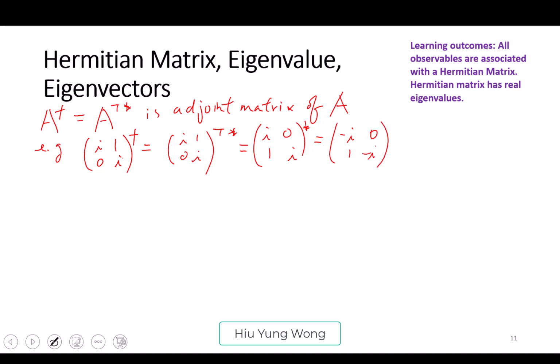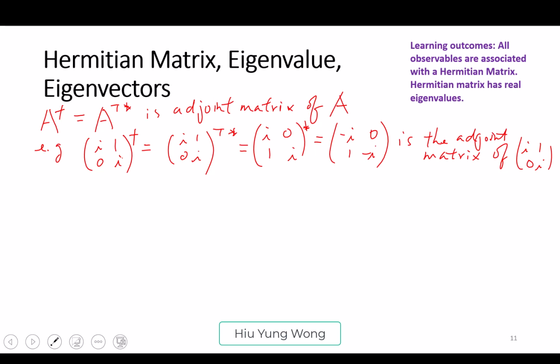So we say this is the adjoint matrix of the original matrix. This matrix is the adjoint matrix of this matrix.